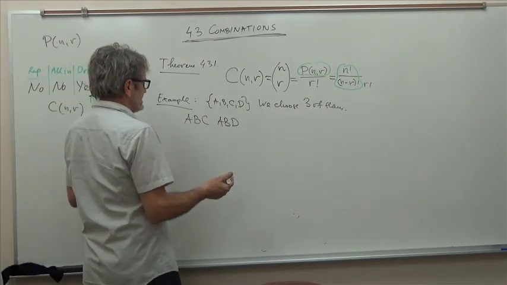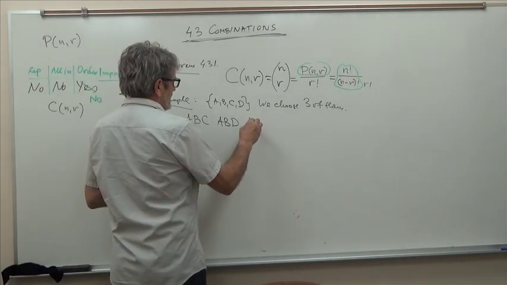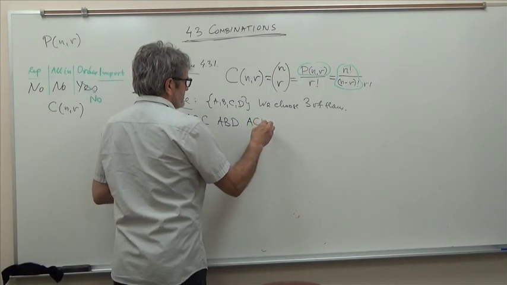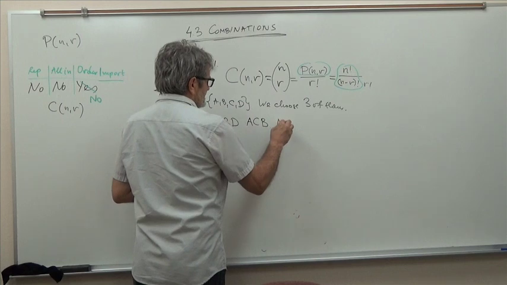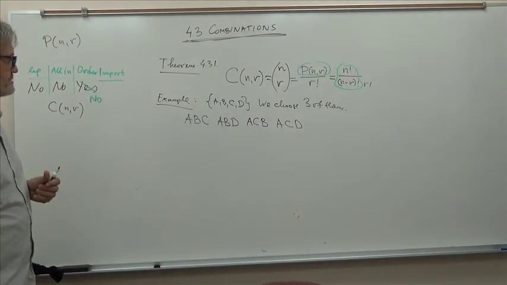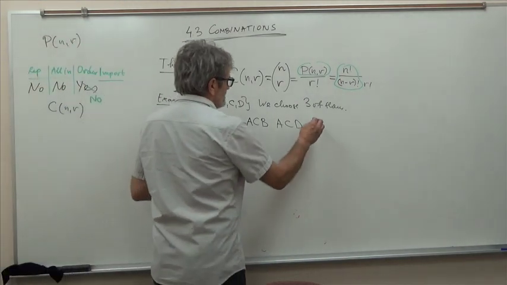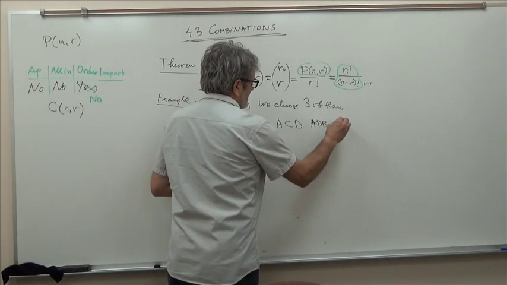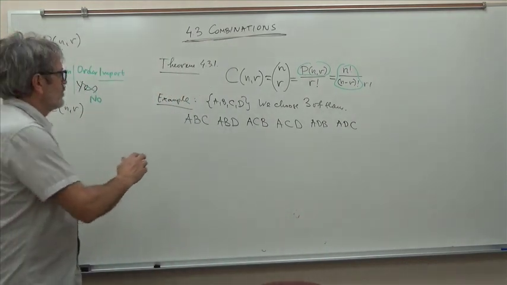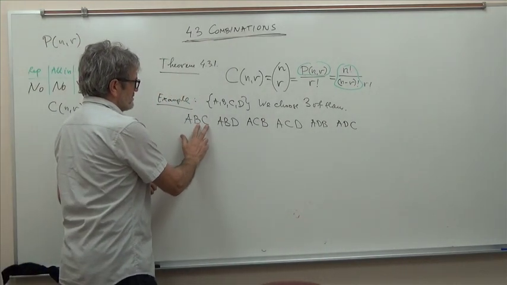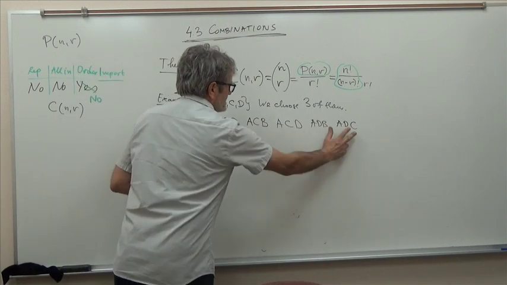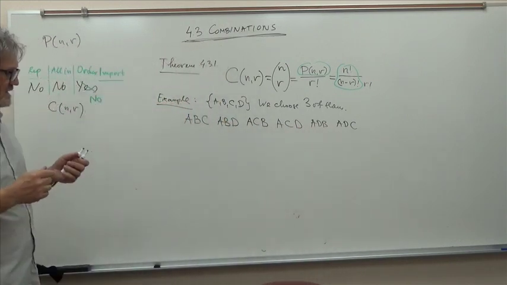So it's A, B, D, then what else? A, C, B, A, C, D, and then A, D, B and A, D, C. So with A in front, we just shuffle. First we choose B, C, but both in B, C and C, B order, then B, D in both orders, and C, D in both orders. That's with A in front.